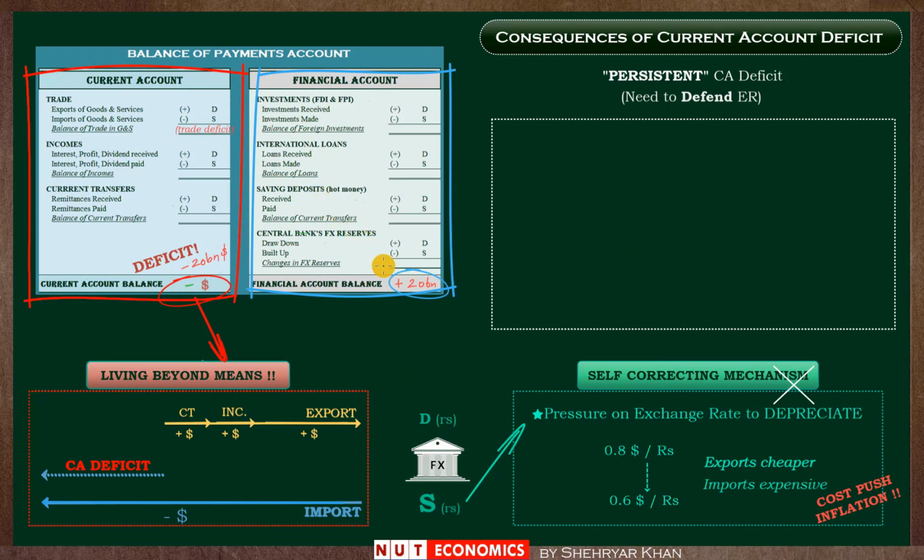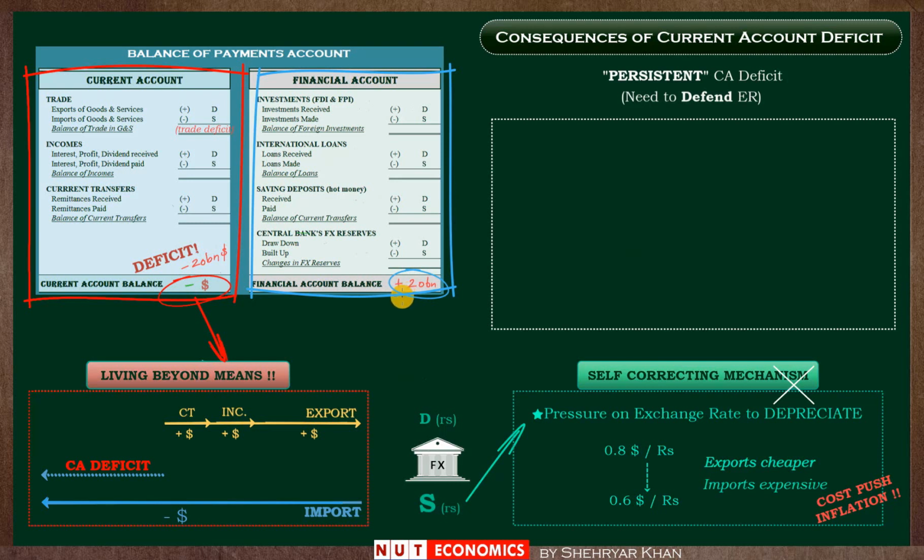And most countries are able to do that. If they are trying to defend their exchange rate in spite of these persistent current account deficits, many countries are able to attract these financial account inflows and net surpluses, and therefore defend their exchange rates.